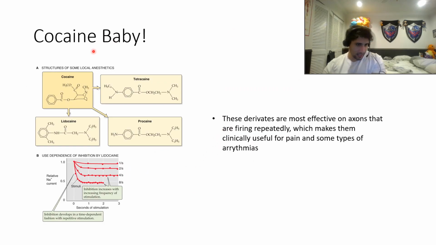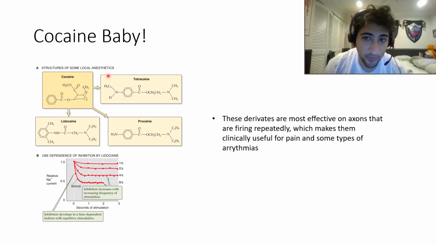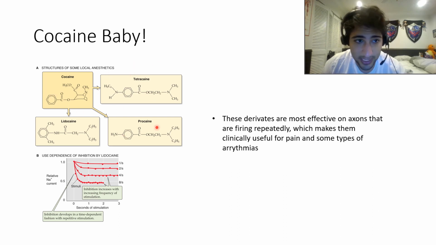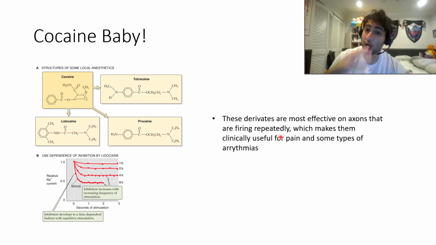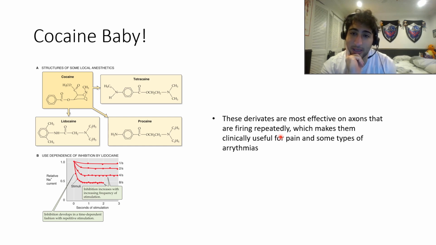And here we have cocaine, Sigmund Freud's favorite drug, and these act on those sodium channels and prevent depolarization, right? Lidocaine, procaine, tetracaine, and they're used topically to treat pain, and they can be used for arrhythmias. Now, what's neat about these is that they are most effective on the axons that fire repeatedly. So they're selective.